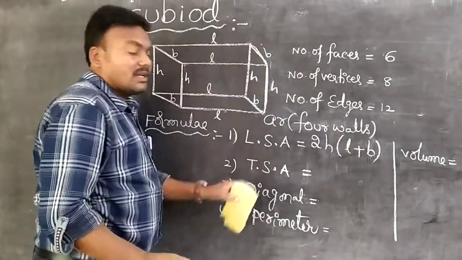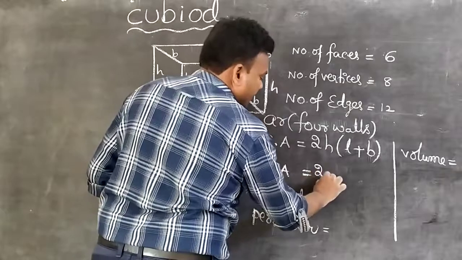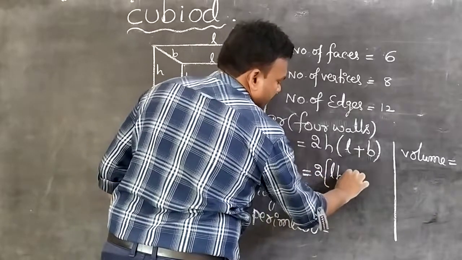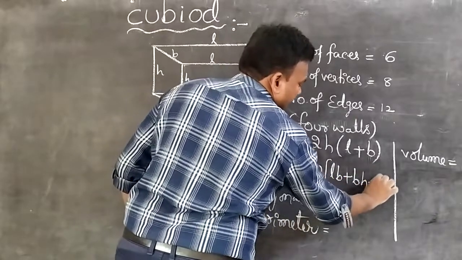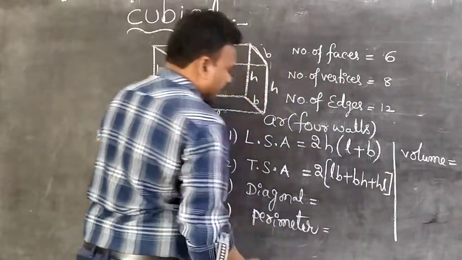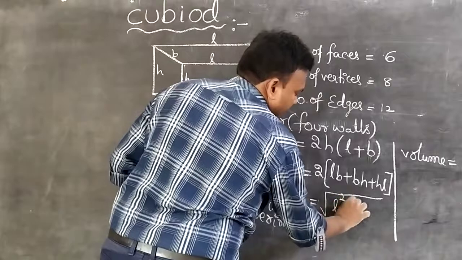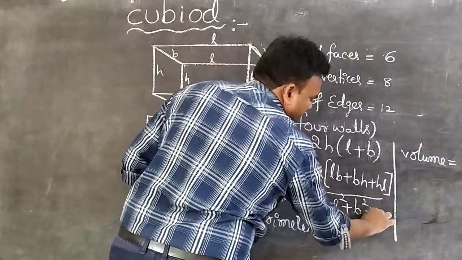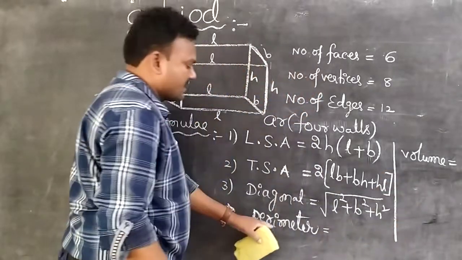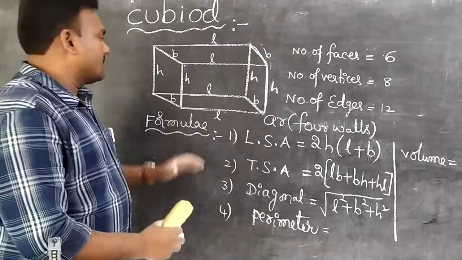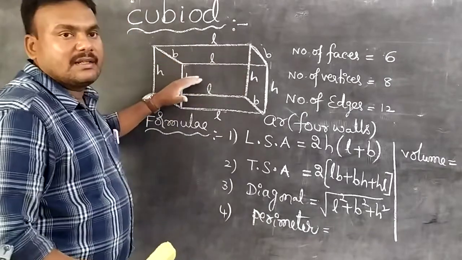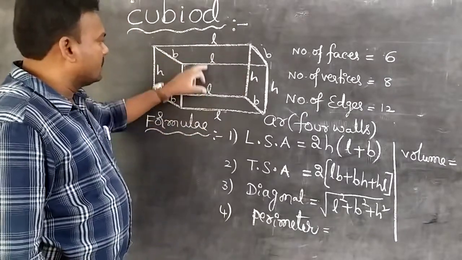Next one, total surface area: 2 of LB plus BH plus HL. Next, diagonal formula: square root of L square plus B square plus H square. Next, perimeter. Perimeter means total length of a figure. How many L's are there? 1, 2, 3, 4.